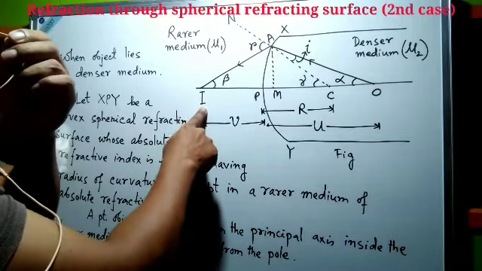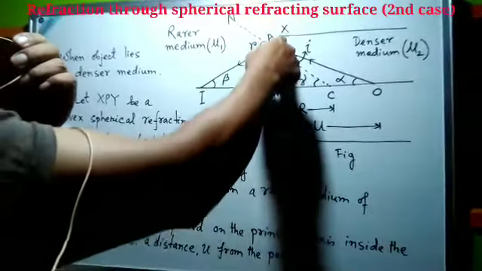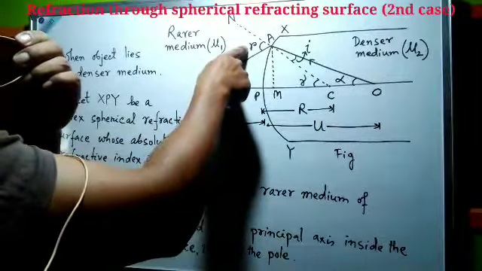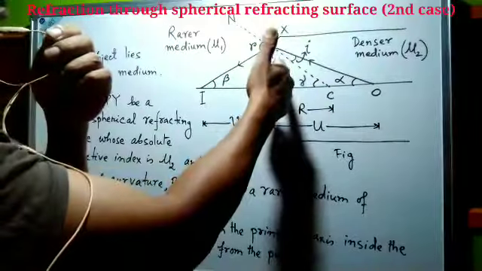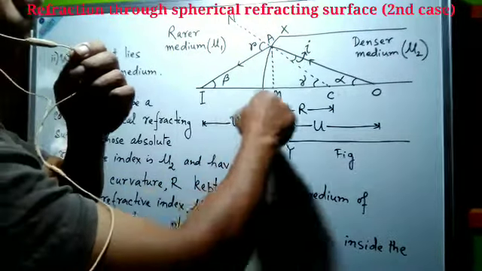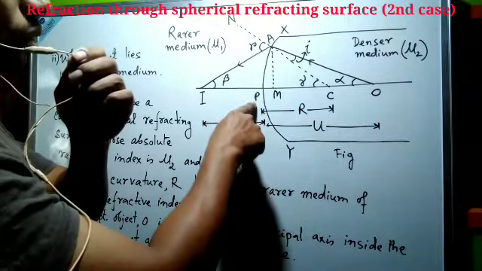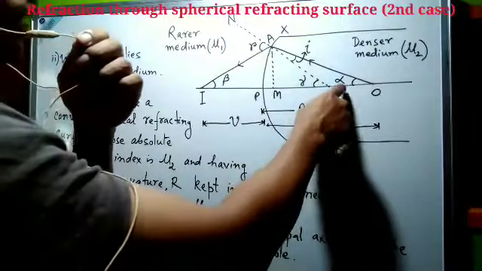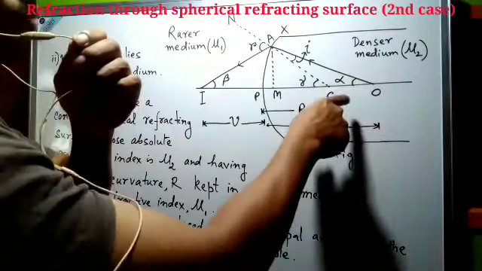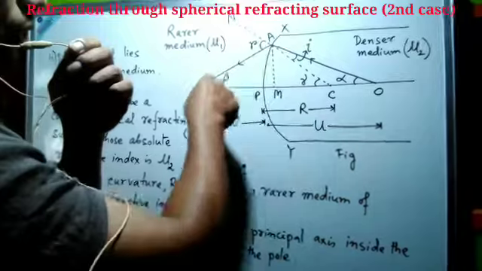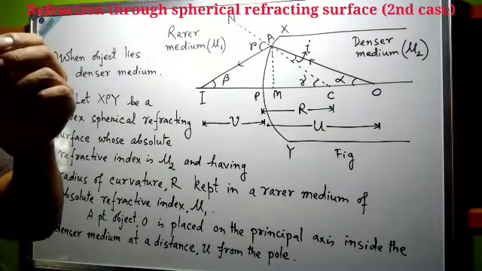So here I represents the position of the real image formed by this spherical refracting surface XPY, and here small r represents angle of refraction. And again, let us draw AM perpendicular to the principal axis such that M should be very close to the pole, that is point P, and alpha, beta and gamma represent angles formed by the incident light ray, the refracted light ray and the normal line with the principal axis.